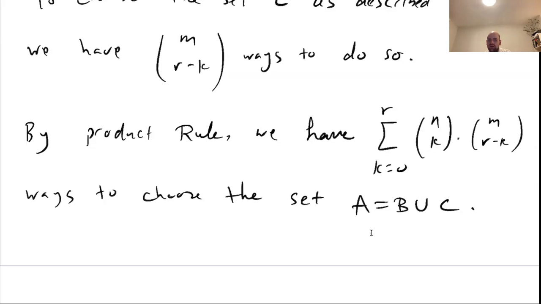So in total, I will have this many ways to construct a set A with R elements. The first term of the sum corresponds to k equals 0, the second term corresponds to k equals 1, and so on. The last term corresponds to k equals R.